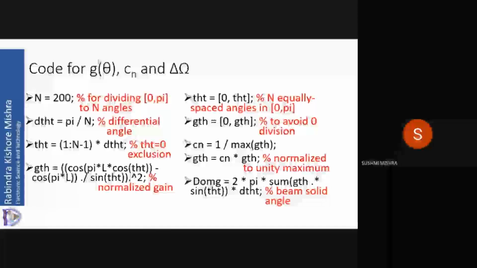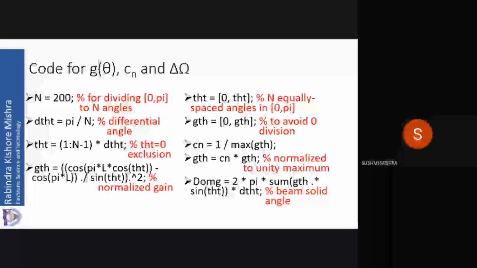Then I write the expression for G. G is my normalized gain and it depends on theta. So I am writing Gth, G theta. Gth is equal to, now write the expression for that, cos(pi L cos theta) minus cos(pi L), divided by sin theta squared.